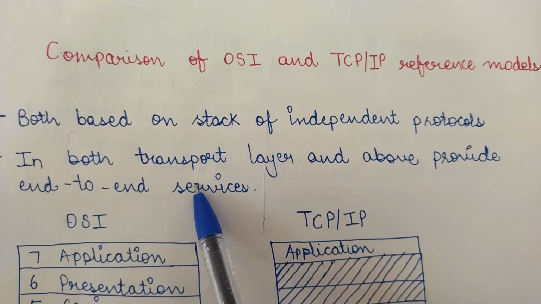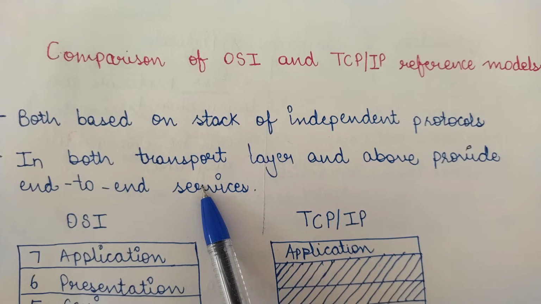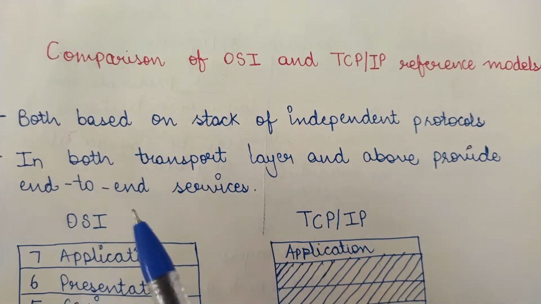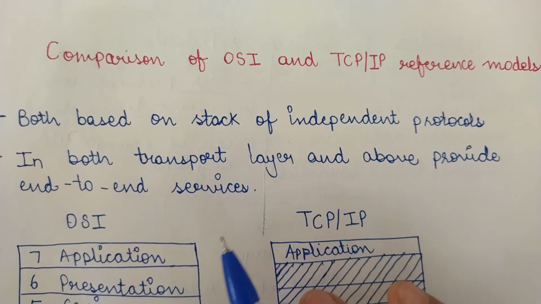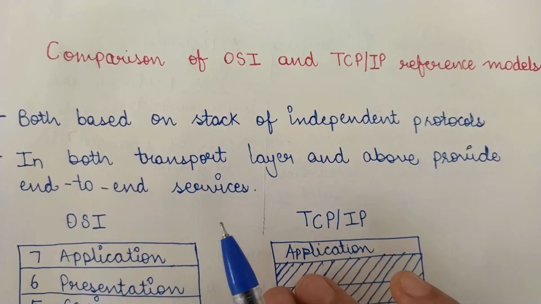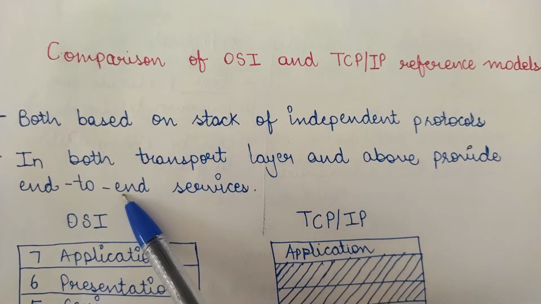In both the OSI and the TCP/IP reference model, the transport layer and the layers above it provide end-to-end services. By end-to-end services, I mean that the senders and the receivers can directly communicate with each other without any help from the immediate neighbors. So they do not need immediate neighbors for communication. They can directly communicate.